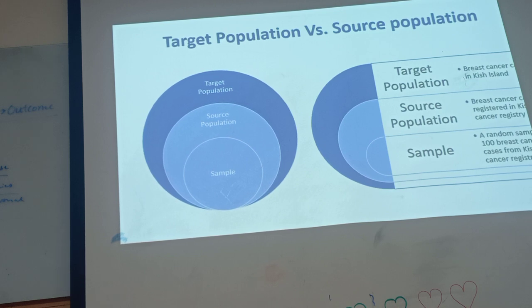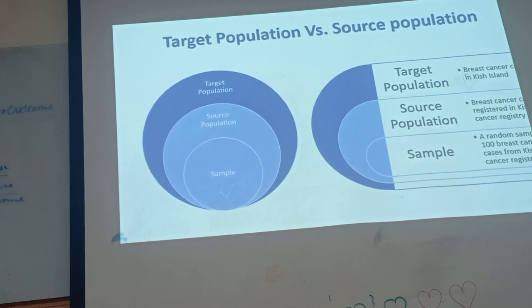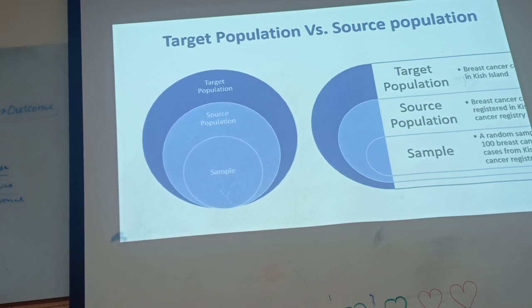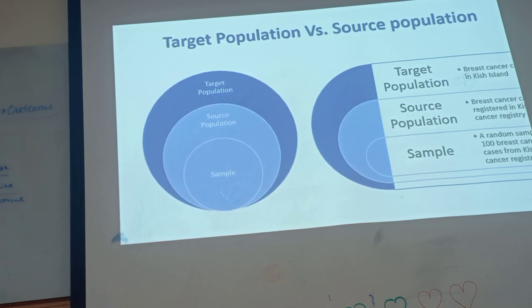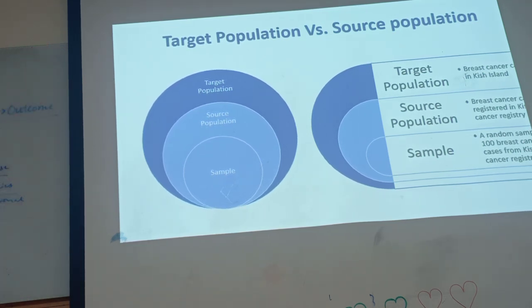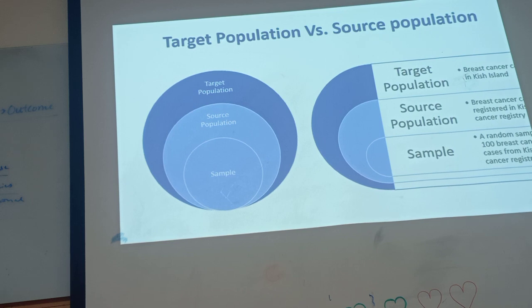For example, if in the source population there are 1,000 cases, maybe we choose to select 100 cases to be included in our study. So these 100 cases are our sample. Those 1,000 cases are the source population, and the whole set of cases in Kish Island is the target population.